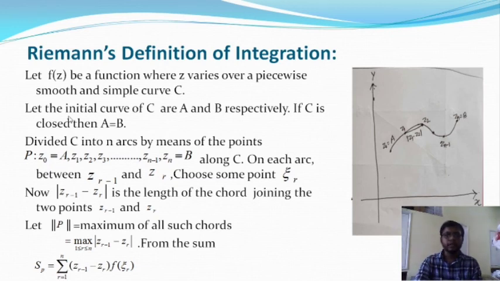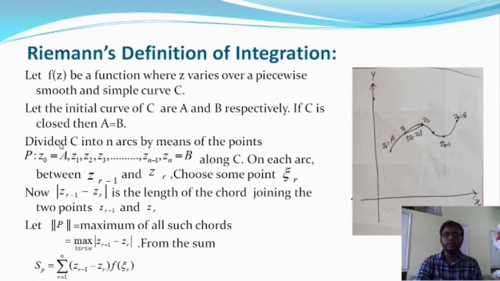Let the beginning point of C be capital A and the end point be capital B respectively. If C is closed, then the beginning point and end point are equal. In that case we are going to find the Riemann definition of integration for the simple curve.